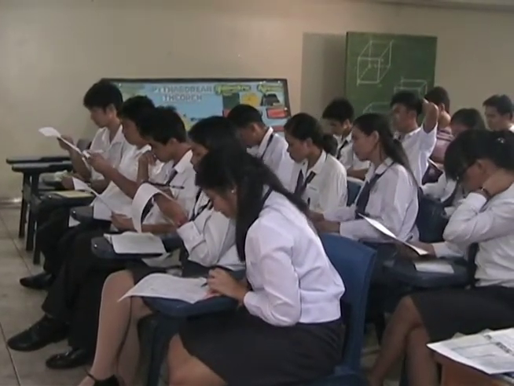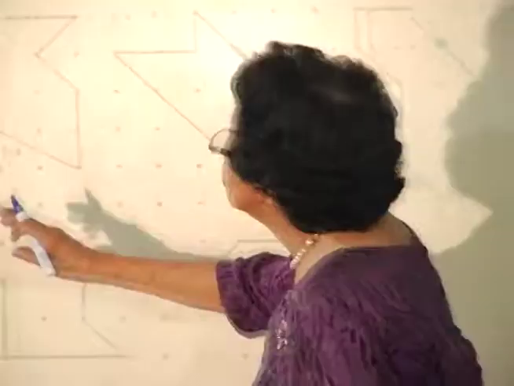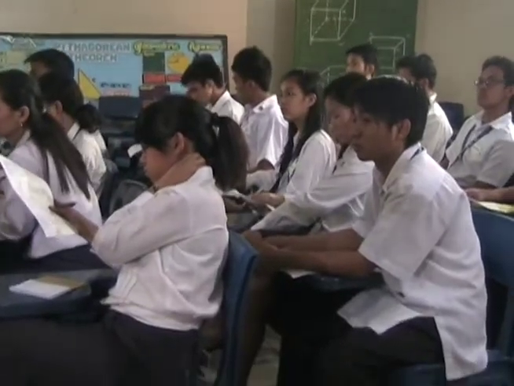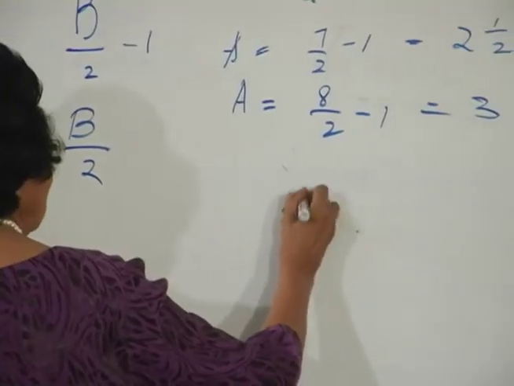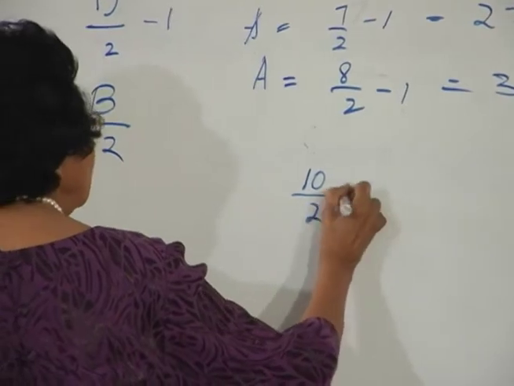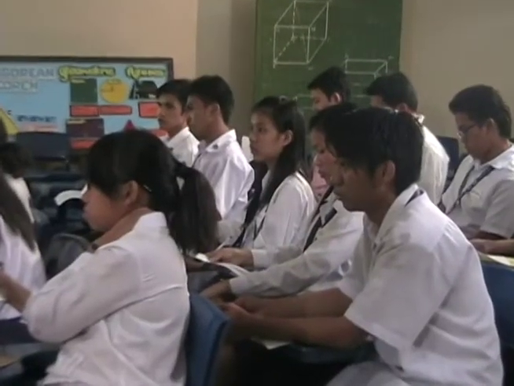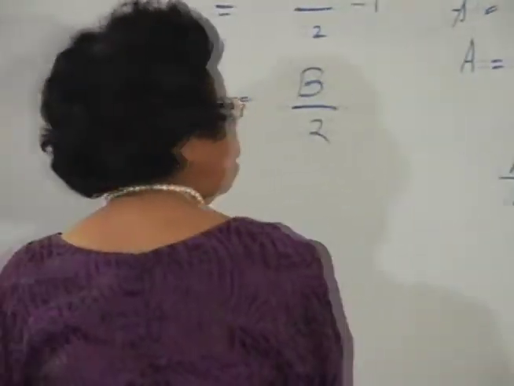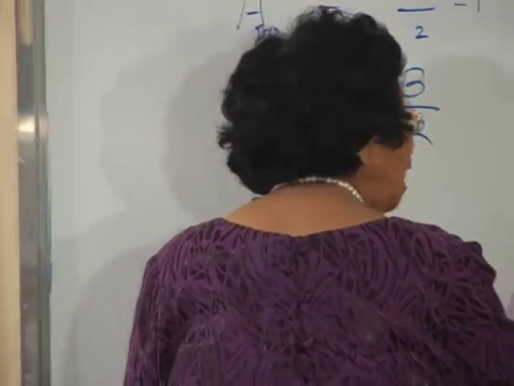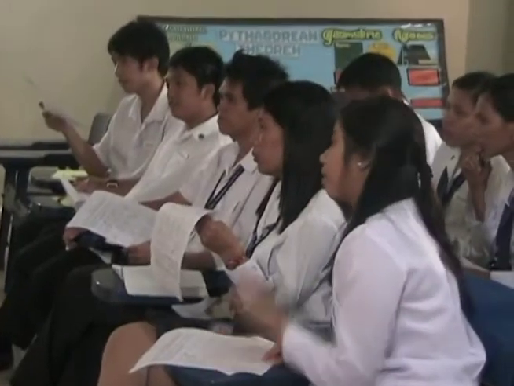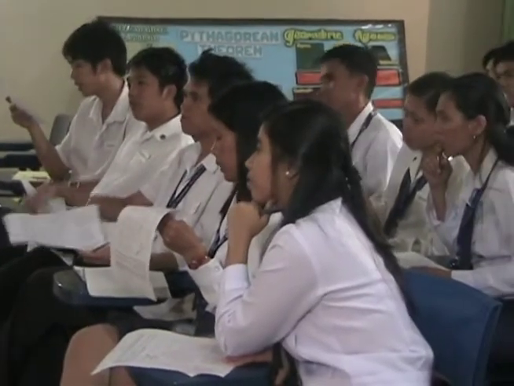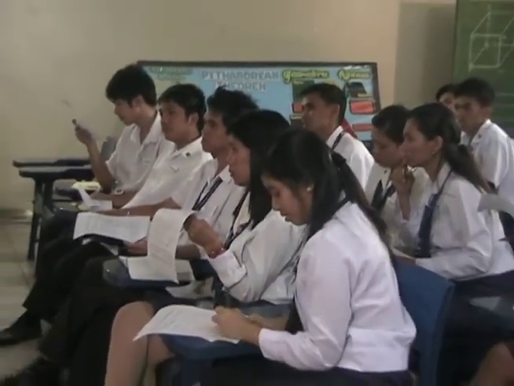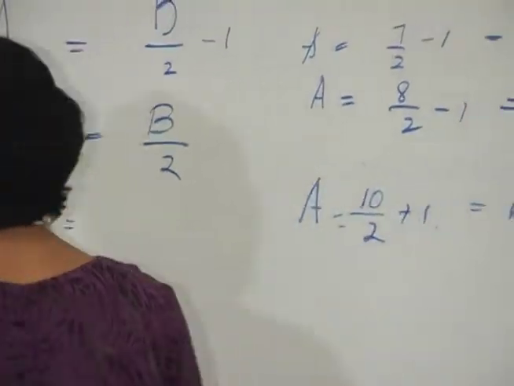Let's go to number 14. What are the data? How many for boundary? 10 over 2. Yes. What is the area? 6. Now, what will you get out of 10 over 2? 5. How will you get 6?